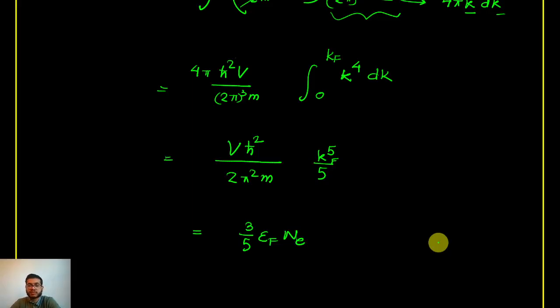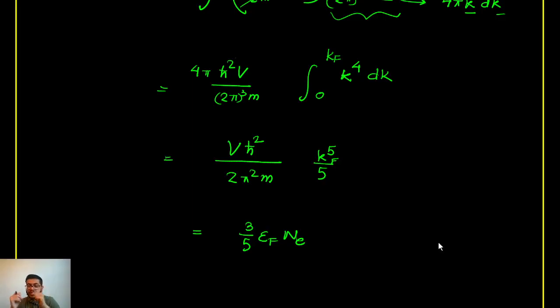Now basically what it tells us is that if we took the classical model, then we would not have got this, because we can see that even in the ground state the total energy is not zero. The total energy is not at all zero.